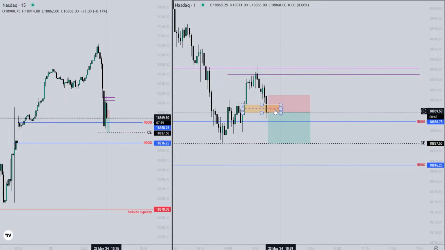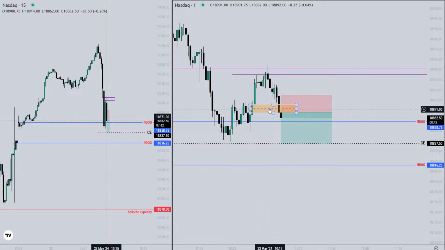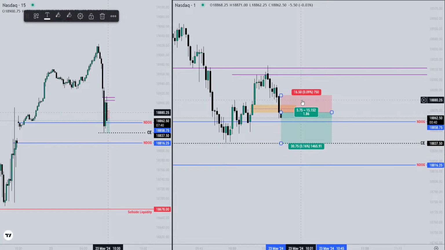You can do this type of scalp by using this last fair value gap or the breakaway gap. It is also valid, but here the problem is it's low probability. It's not a high probable trade, but still it is a way to trade.